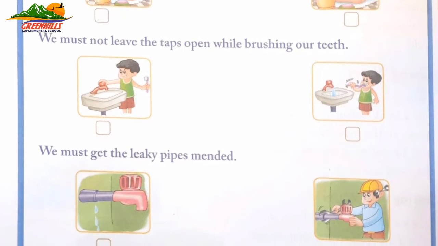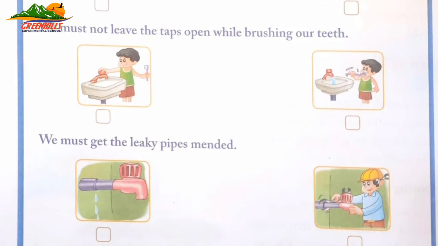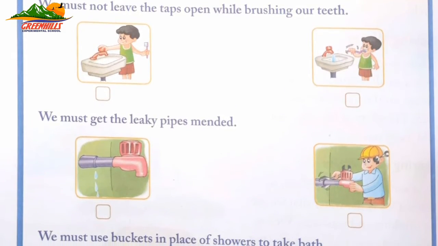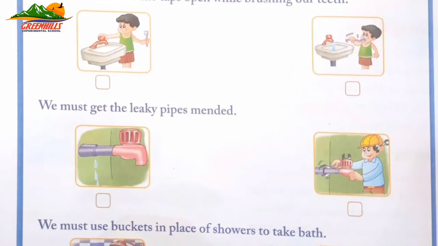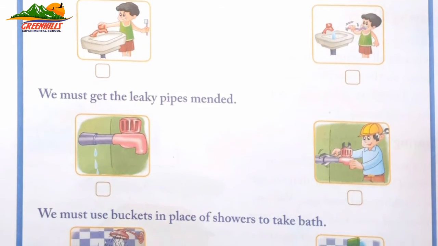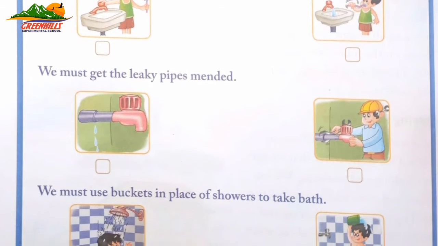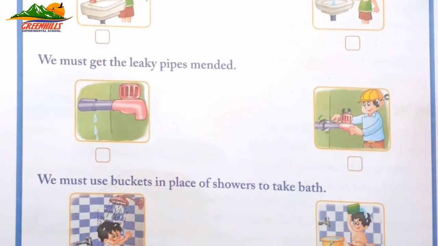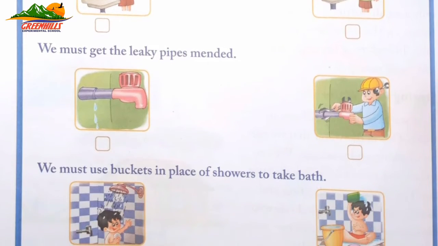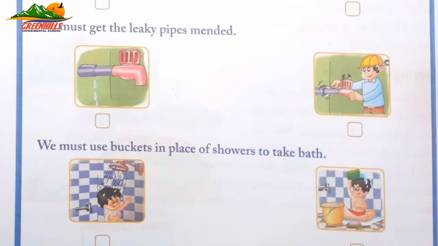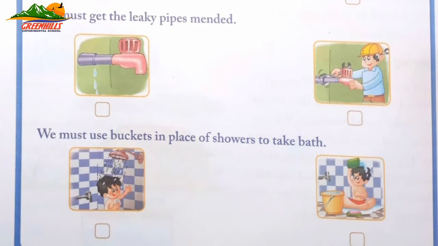We must not leave the taps open while brushing our teeth. Shown in picture 1. We must get the leaky pipes mended. Shown in picture number 2. We must use buckets in place of showers to take a bath. Shown in picture 2.